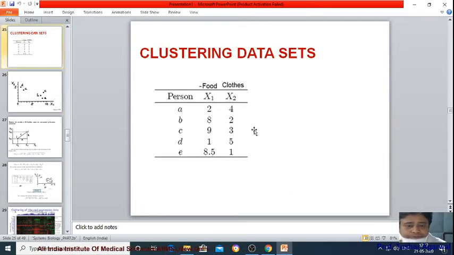There are 5 persons, A, B, C, D and E, just random persons, and they had 2 primary expenditures which they make at the end of the day, spending on food or spending on clothes.